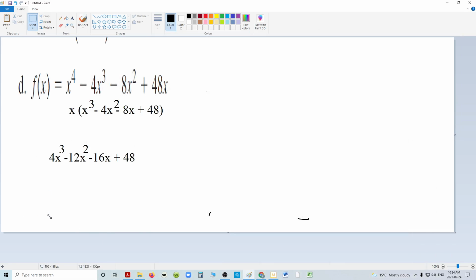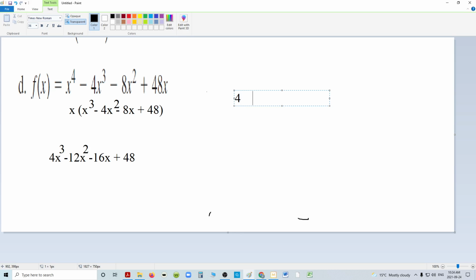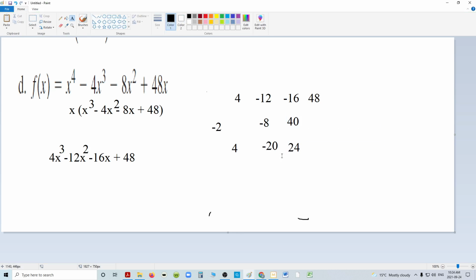So here's the first derivative. And if I do the synthetic division with that, I quickly discover that -2 is a factor, and -8, you get -20, you get 40, you get 24, -148.